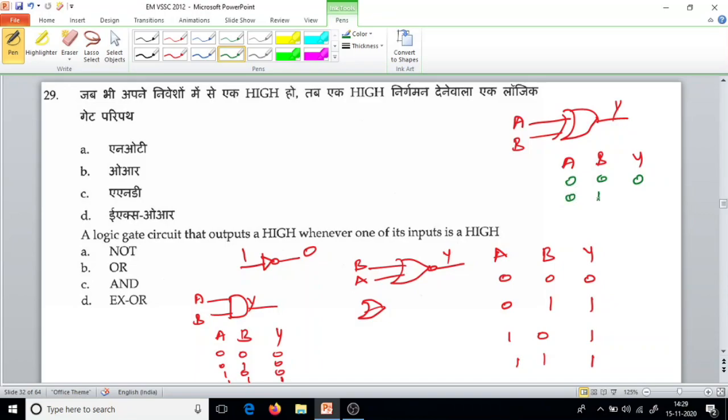When A equal to 0, B equal to 1, output is 1. When A equal to 1, B equal to 0, output is 1. When 1, 1, it is 0. So for this kind of question, you have to read the question properly. A logic gate circuit that outputs a high whenever one of its inputs is high. So the answer is XOR gate, option D.